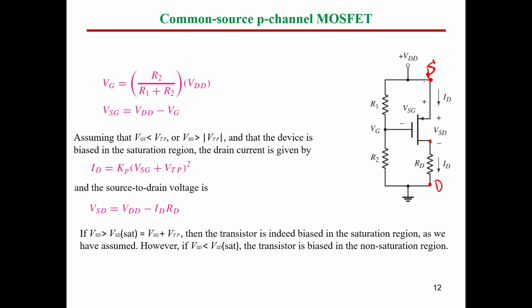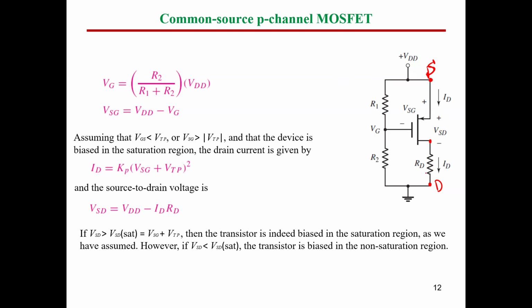In this example, it's considered VDD, and maybe in another textbook you may find it VSS, whatever the name of this supply. It's not a big deal, just a symbol. But the source is connected to the positive voltage, and the drain is connected to ground through a resistor RD.